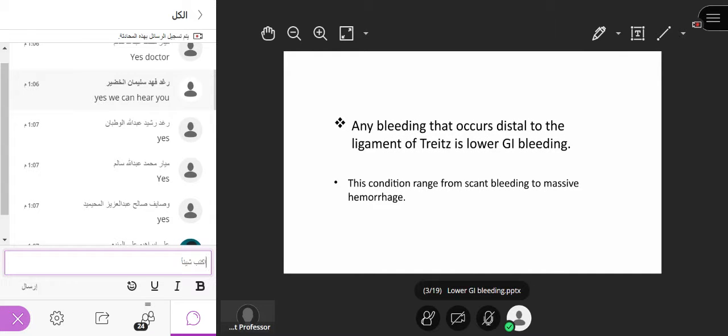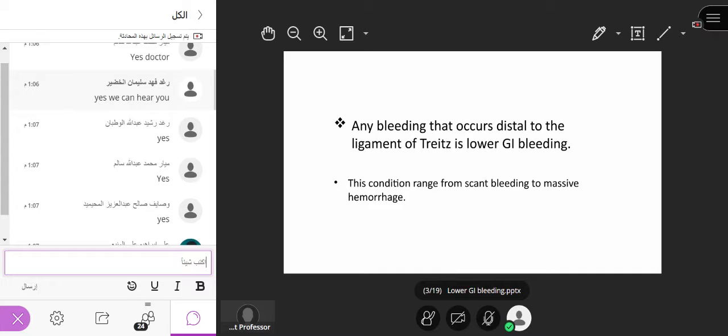So, any bleeding that occurs distal to the ligament of Treitz is lower GI bleeding. The ligament of Treitz is a fibromuscular band attached at the junction, to the wall of the abdomen.